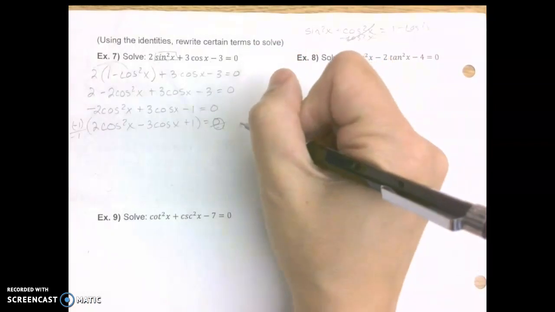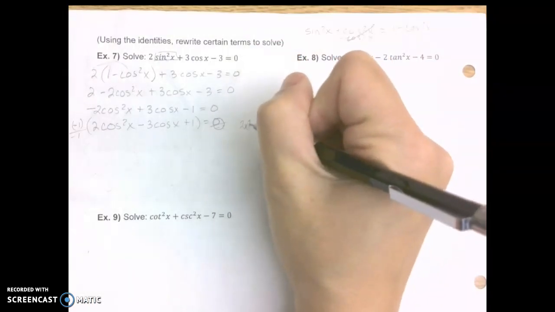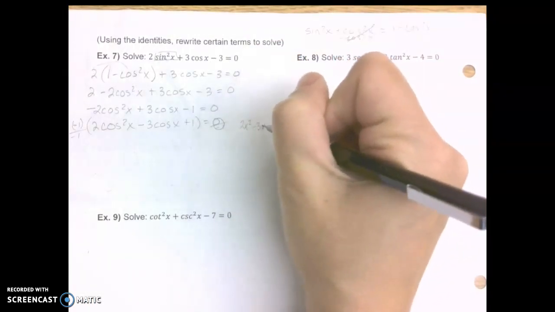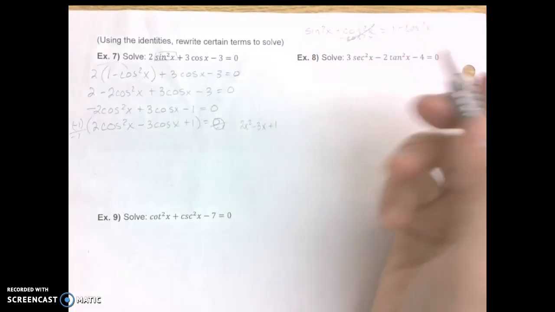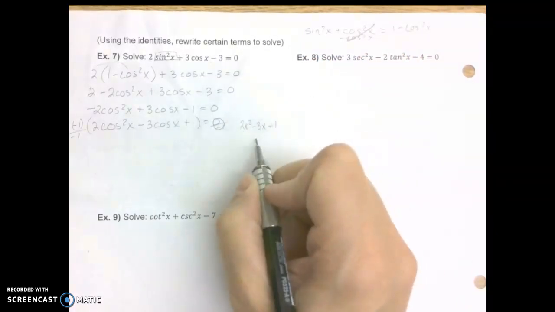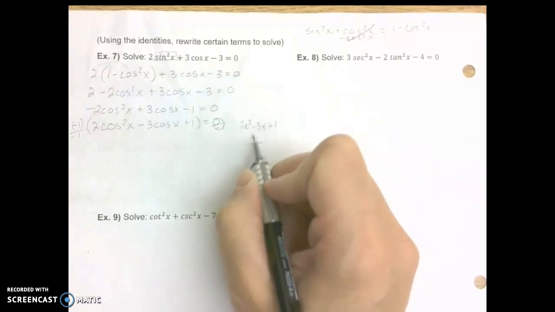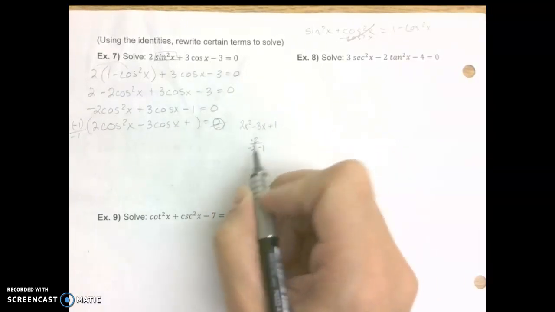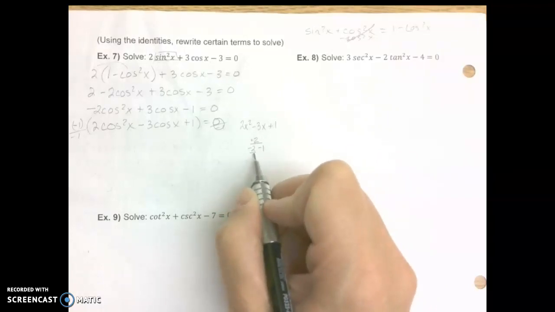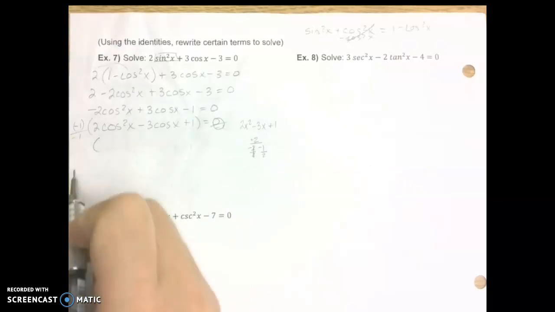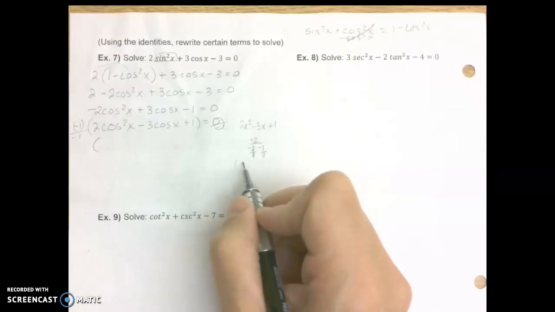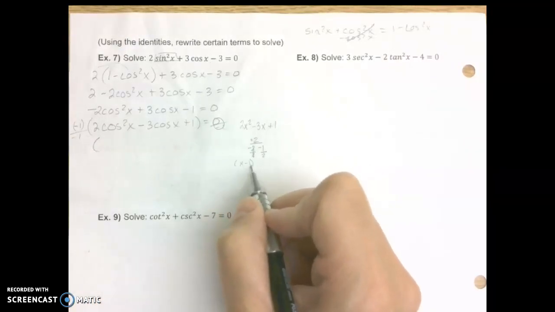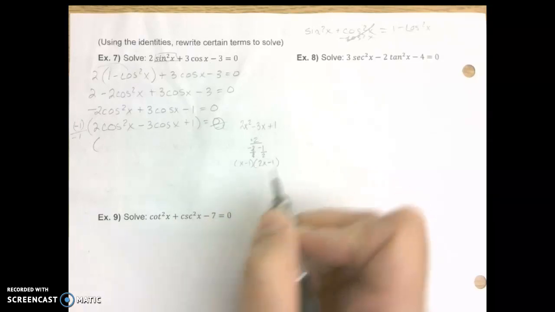So this is going to be like a 2x squared minus 3x plus 1. 2 times 1 is 2. Factors of positive 2 that give me negative 3: that's a negative 2 and a negative 1. Divide by the leader. That becomes x minus 1 and 2x minus 1.